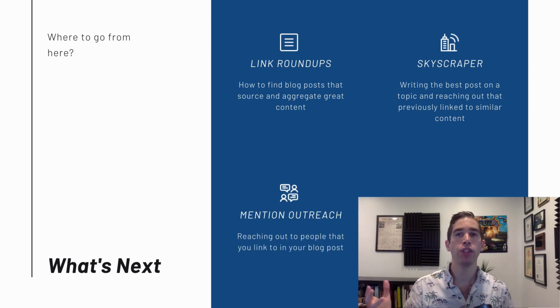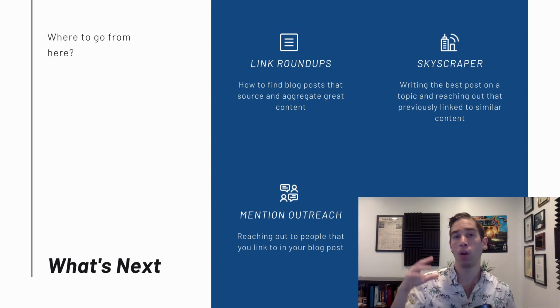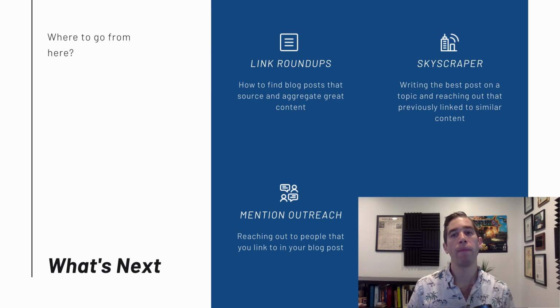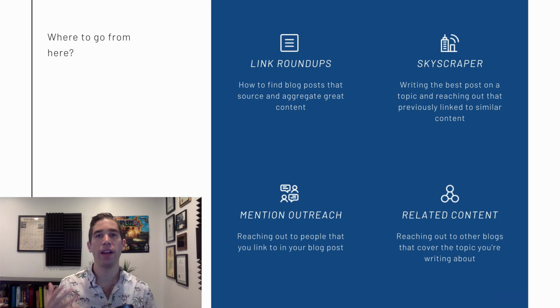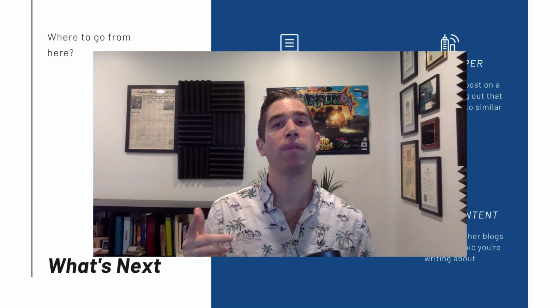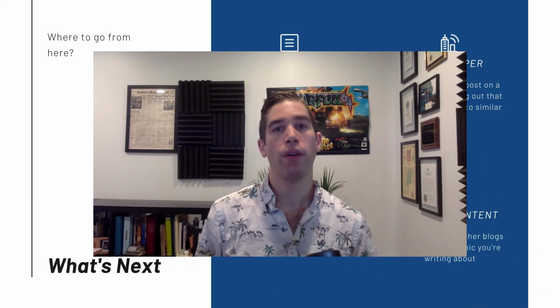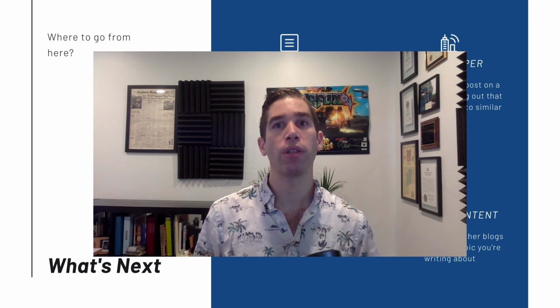We're going to talk about mention outreach, reaching out to people that we're linking to in our articles to get them to mention and link to us as well. And we're going to talk about related content outreach, reaching out to related blog posts to our blog post. And that's all coming up next in our series on creating a link building outreach campaign.